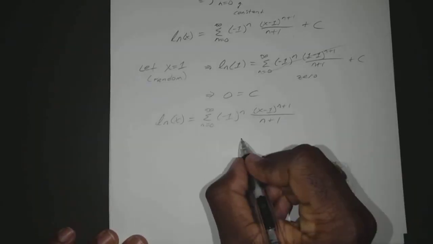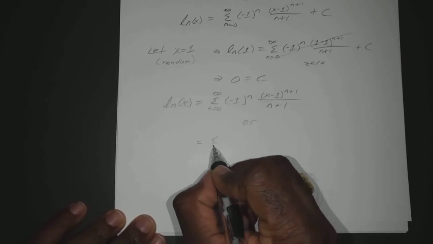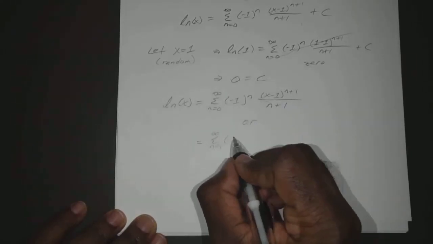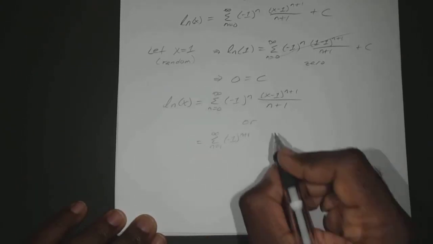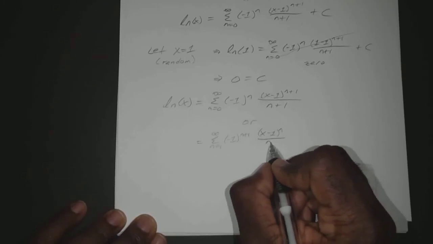Or, if you wanted to, it could equal the sum from n equals 1 to infinity of -1 to the n plus 1 times x minus 1 to the nth power over n.